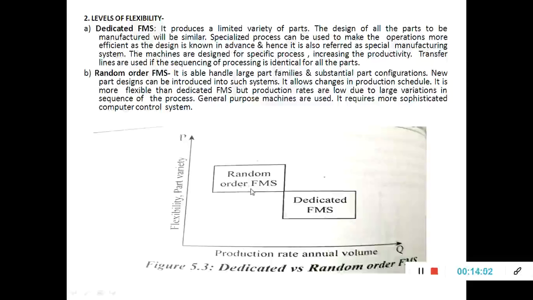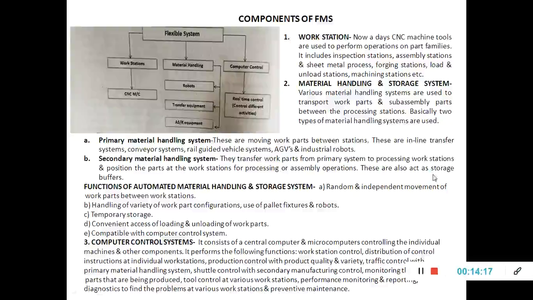The production rate is very low, but any number of different varieties of products can be manufactured in the random order FMS. Okay, there are mainly 2 levels of flexibility: dedicated FMS, random order FMS.